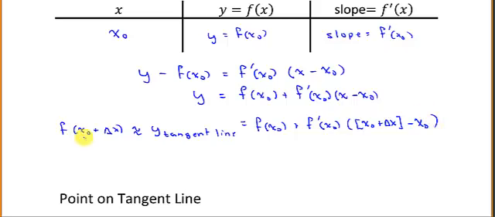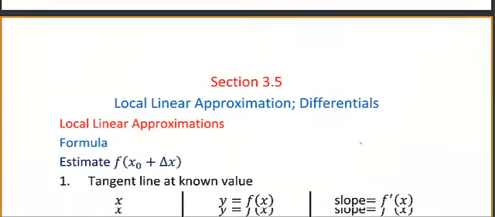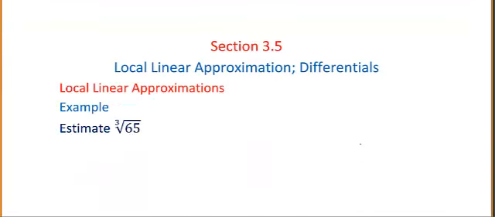So notice that f of x0 plus delta x is approximately equal to f of x0 plus f prime at x0 times x0 plus delta x minus x0, which is just delta x. And this is our estimating formula. All right, so I guess I don't have to worry about the point on the tangent line, and I've derived all of that here. Okay, again, just in general.